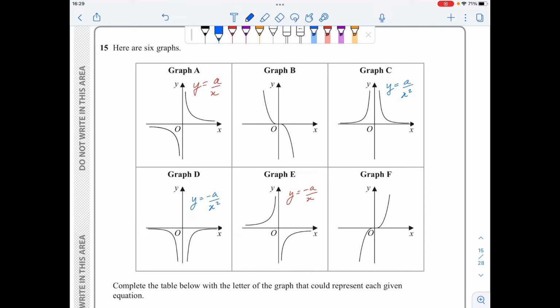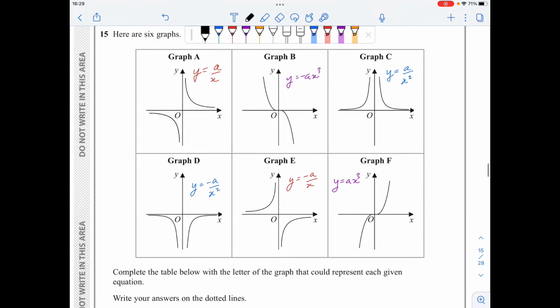And finally, B and F are cubic graphs. B is the negative one, F is the positive one. So F is y equals ax cubed, while B is y equals minus A over x cubed.